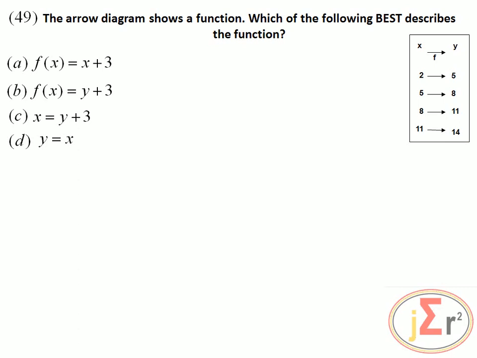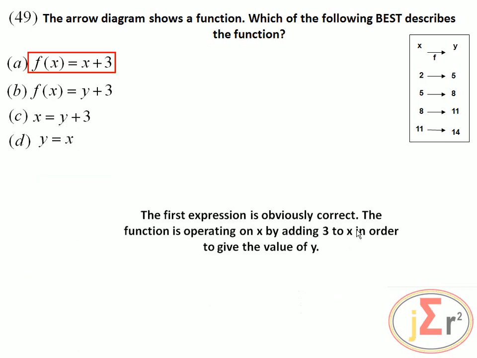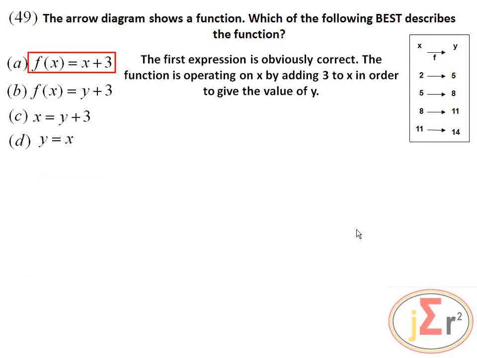The arrow diagram shows a function. Which of the following best describes the function? Which of the options best describe the function? There we are highlighting the expression of option A. The first expression is obviously correct.